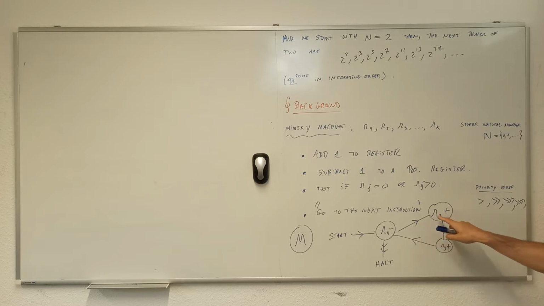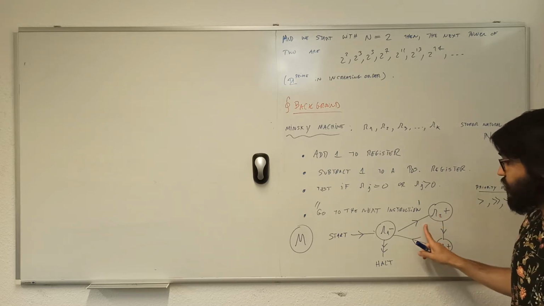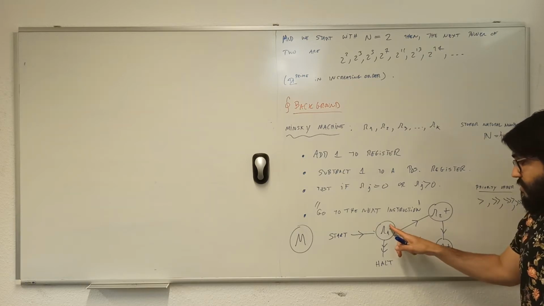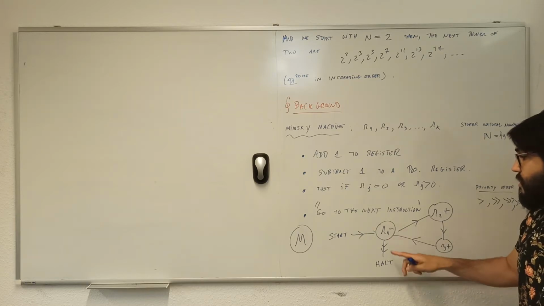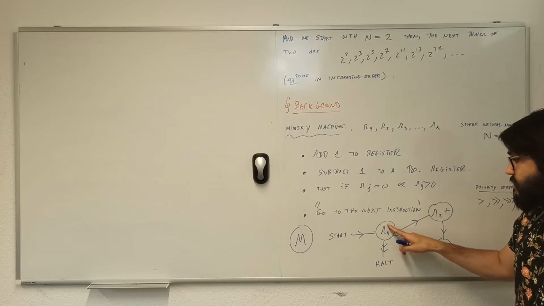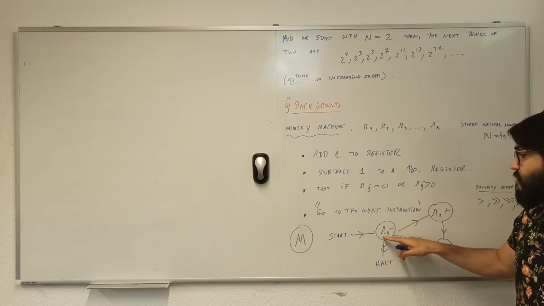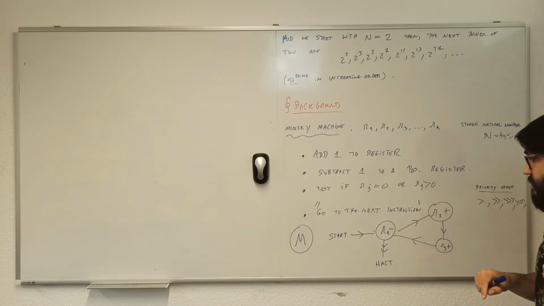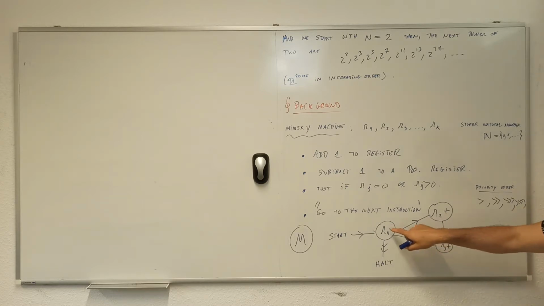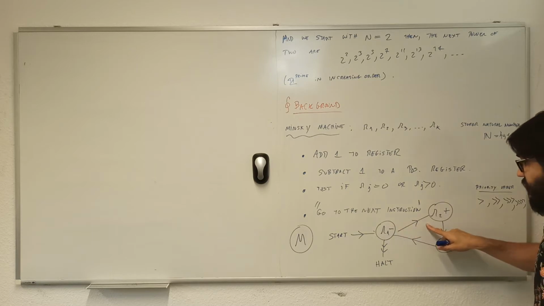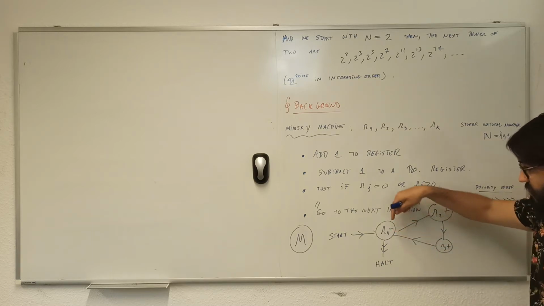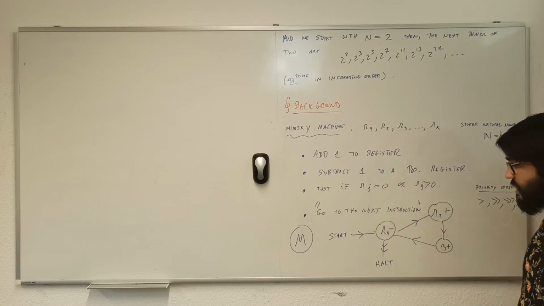So go in this direction, unless I couldn't realize this operation, R1 minus 1. If I can't realize this operation, so that means register 1 is 0, then I halt. If I can, then I follow this. So whenever you can do this operation, you follow it with the first priority, otherwise you skip.